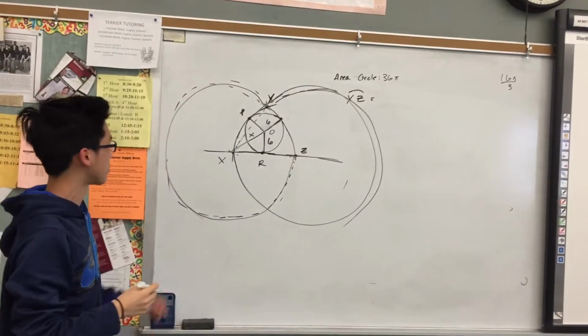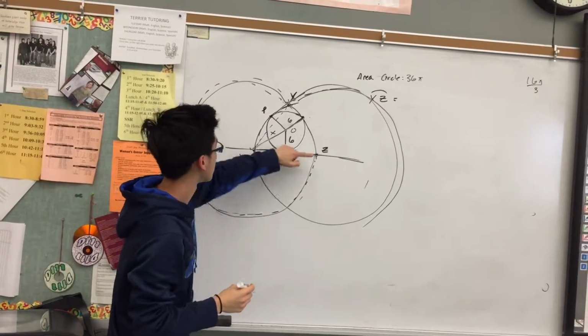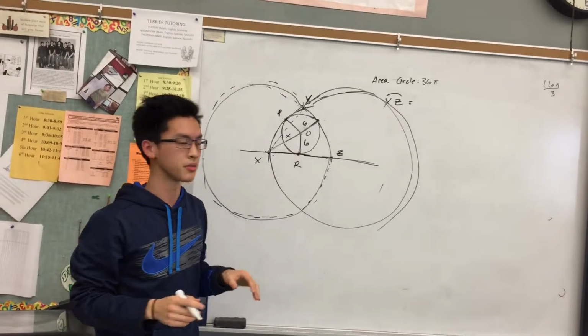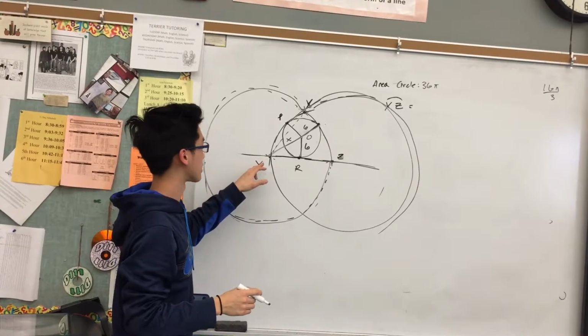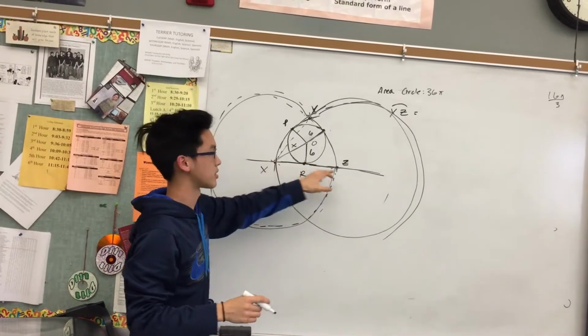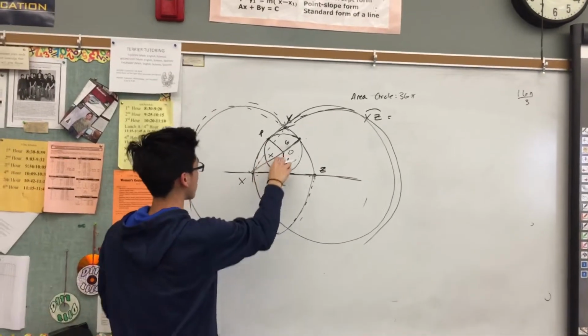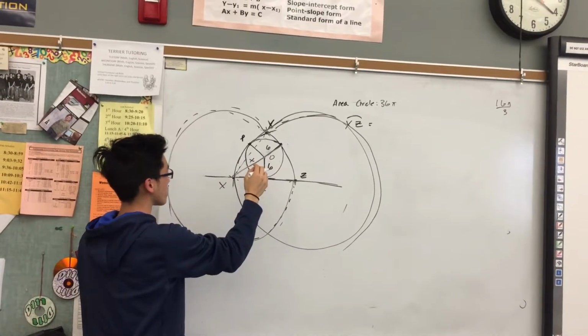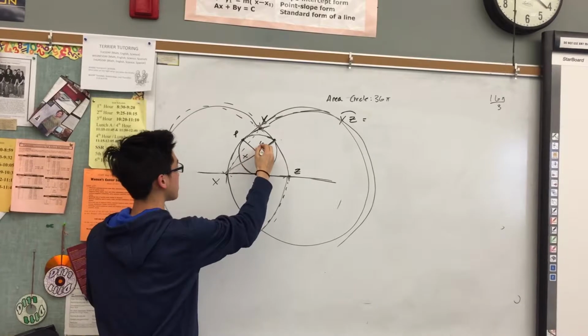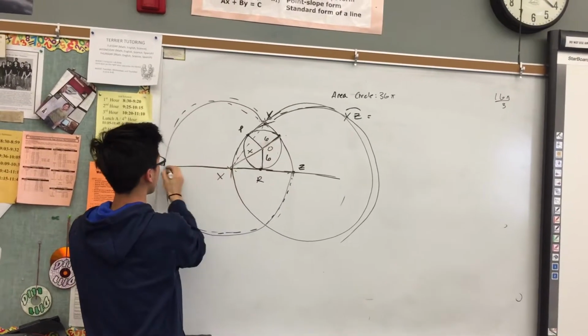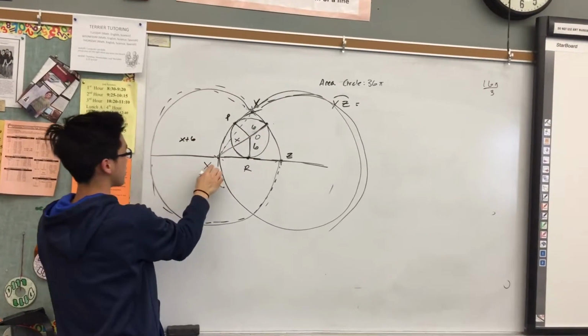Okay, so we want to find the angle YXZ. But in order to find any of these angles, we first need to calculate the radius of circle X and circle Z, which are both the same. Okay, so we can label OX as x. And so that means that x plus 6 is equal to the radius of circle X.